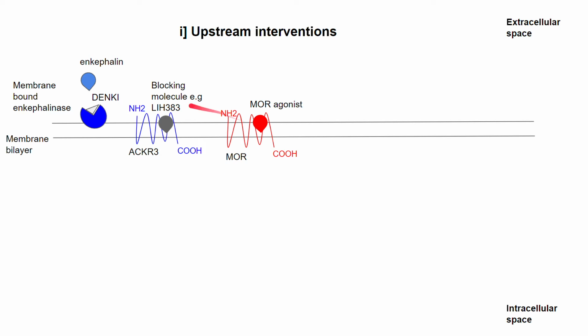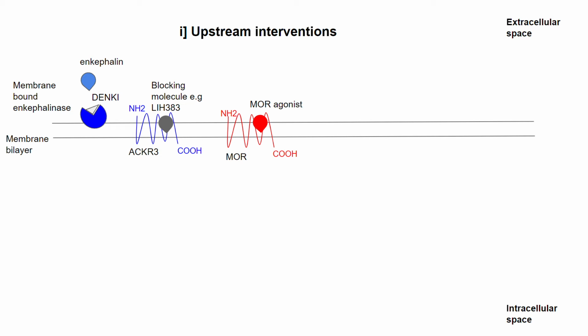Or it doesn't remove them directly, but it just means there's fewer agonists available. So if we were to design a molecule such as LIH383 to block this receptor, then that would leave more agonists available for the mu-opioid receptor.